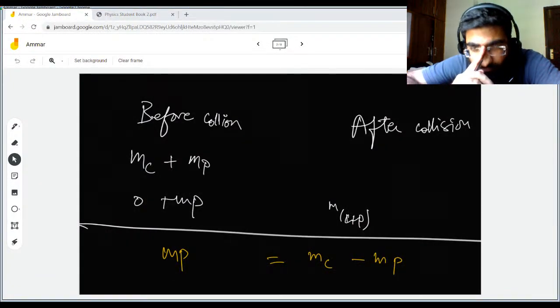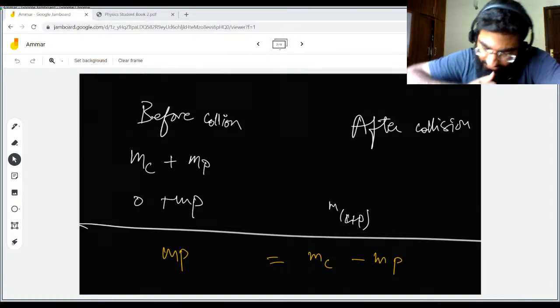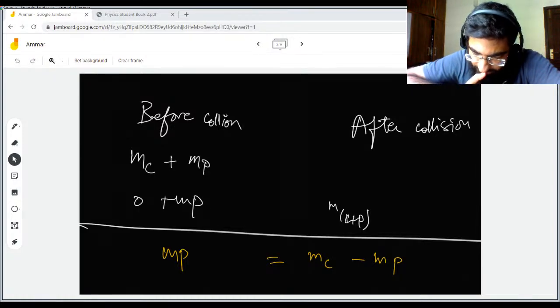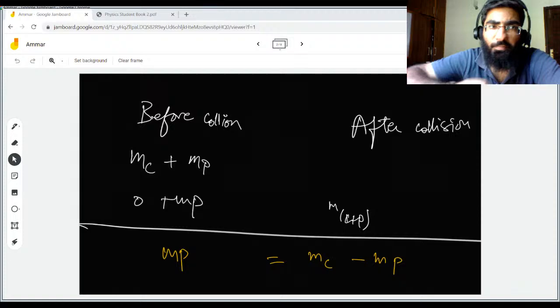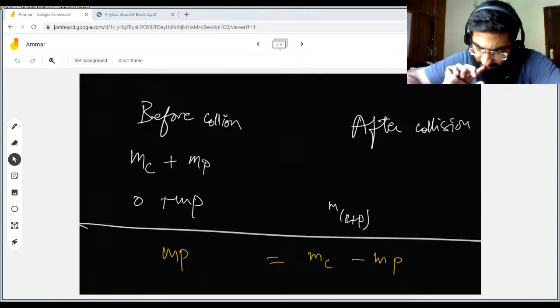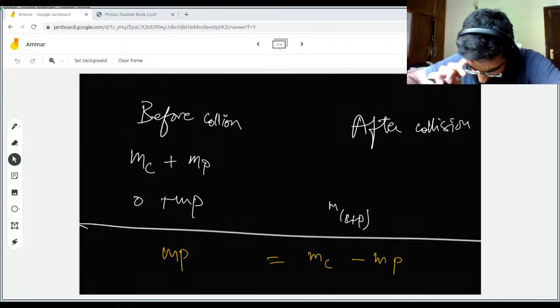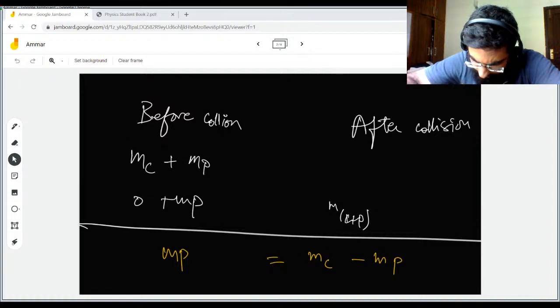So for the momentum of the car, previously it just had the mass of the car times v. The momentum of the pellet will be different because it's going in the opposite direction.